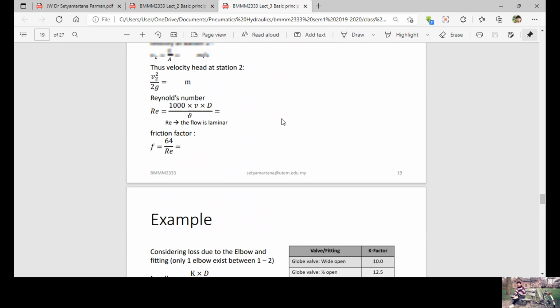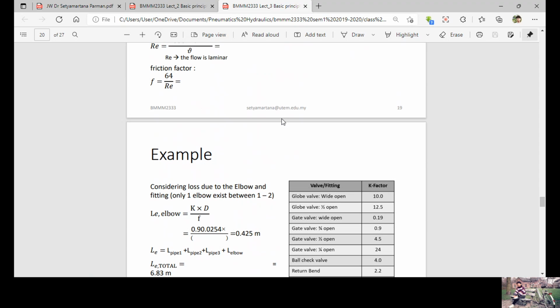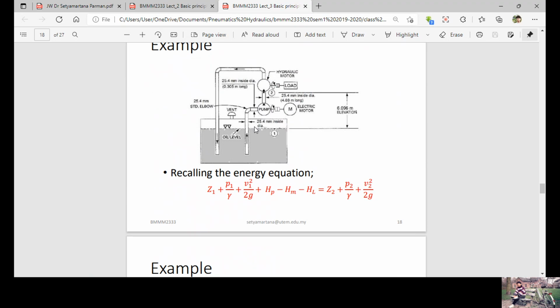So here we can see pipe 1, pipe 2, pipe 3. For pipe 1, it is mentioned the length is 0.305 meters.